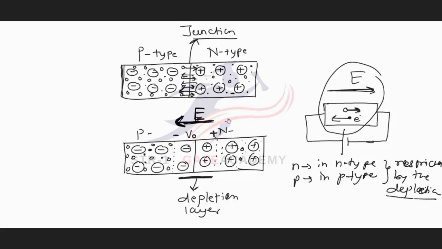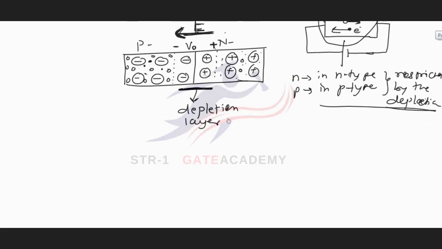So the depletion layer will not restrict minority charge carriers from crossing this junction.